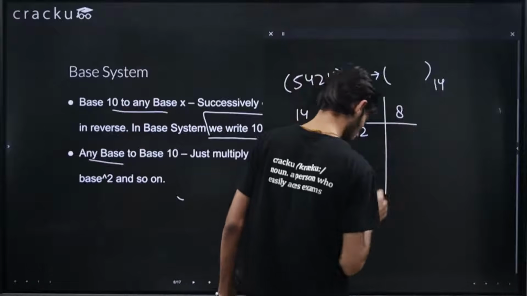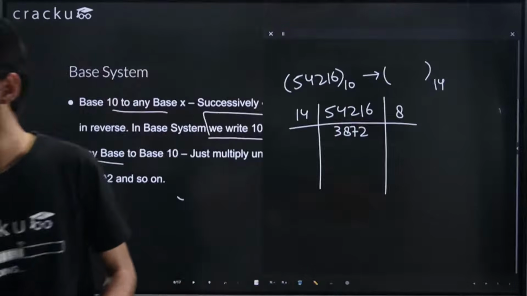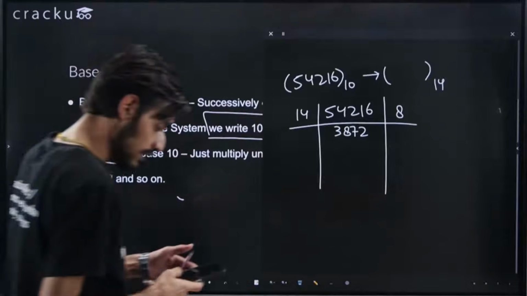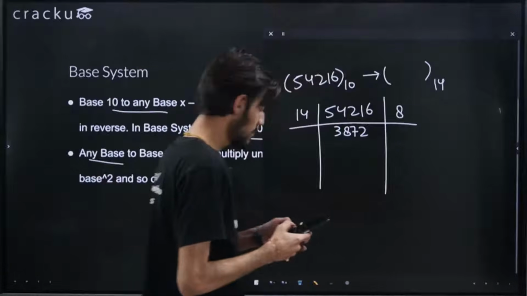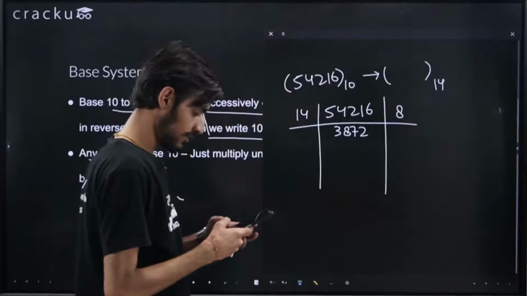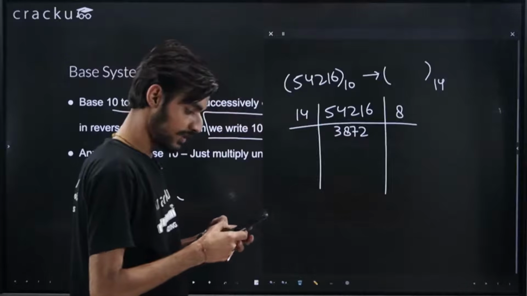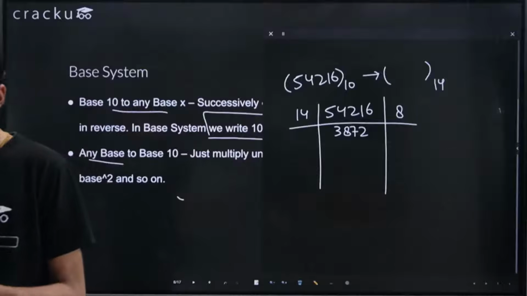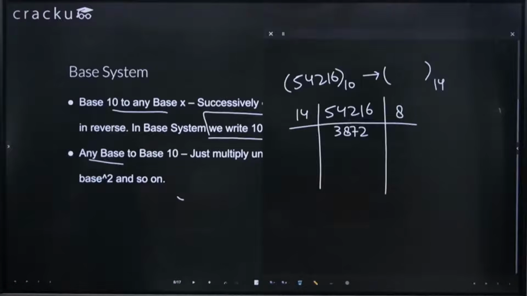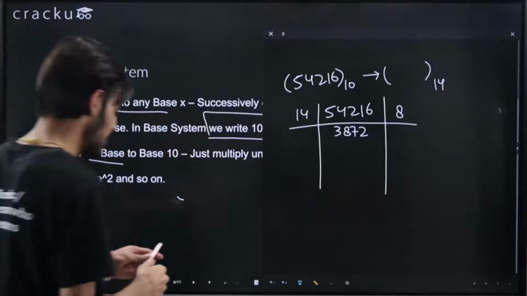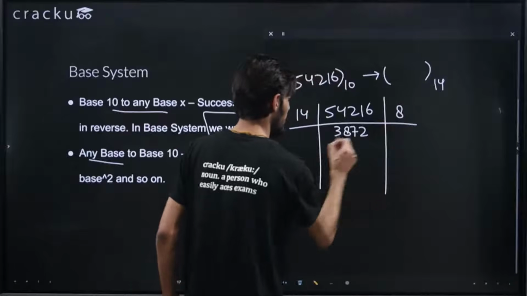I hope I have done the right calculation. Let me cross verify once. So 3872 multiplied by 14, yes, it's correct. Just to avoid any calculation mistake, this will be 8.